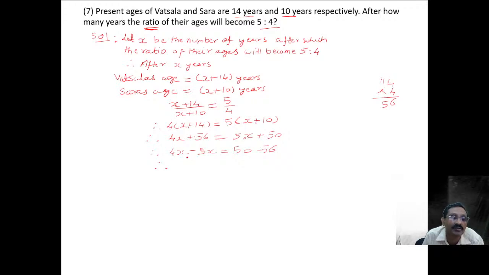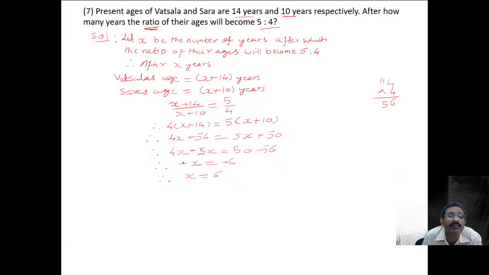Subtract 4x from 5x, but keeping in mind the sign of the greater number. Which is the greater number? 5 is the greater number. And what is the sign given to 5? Minus. So this becomes minus x, which is equal to 50 minus 56 gives me minus 6. Sign of the greater number here is minus. Therefore, now this minus gone. Therefore, we get x is equal to 6.